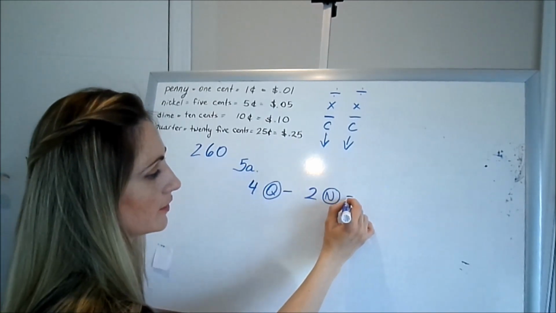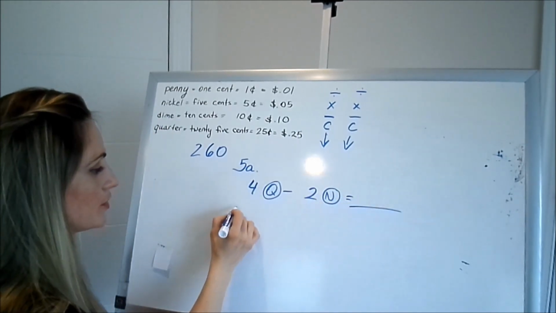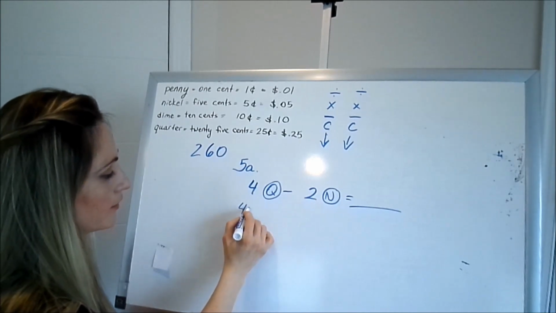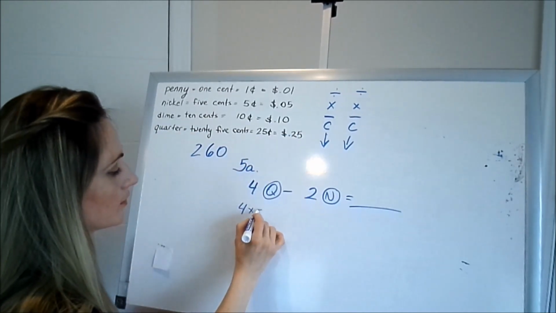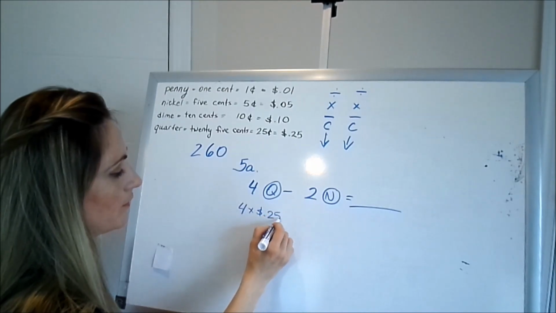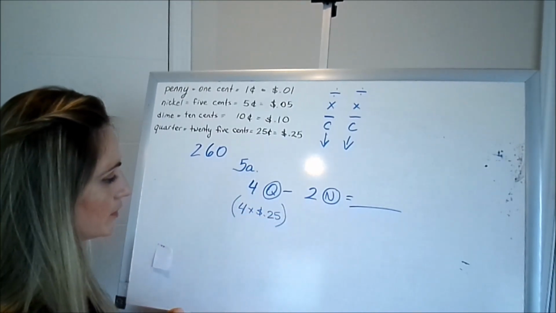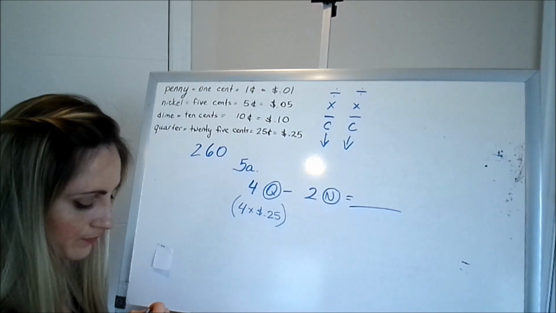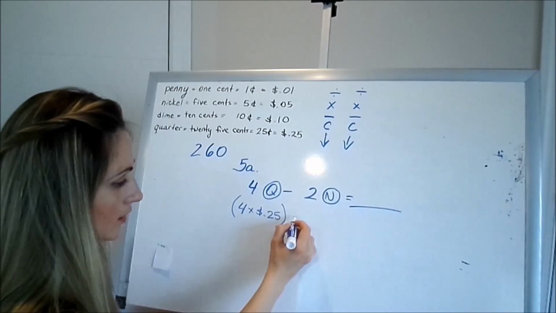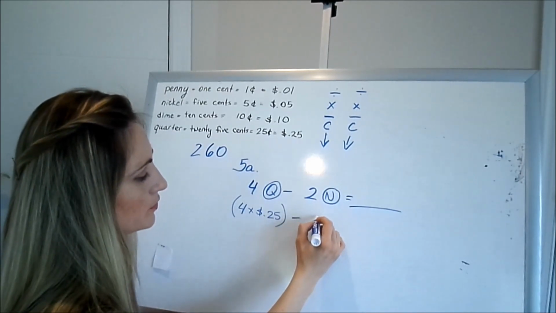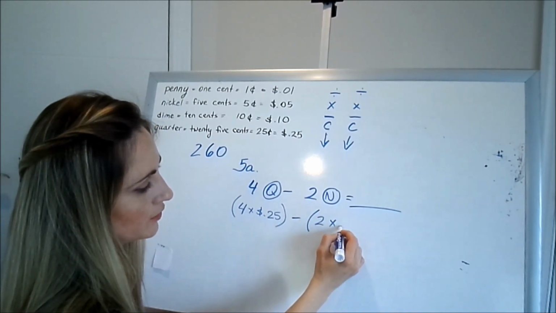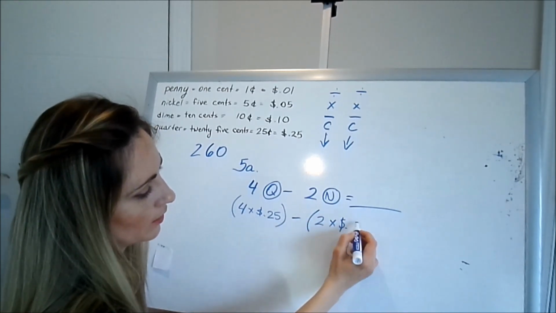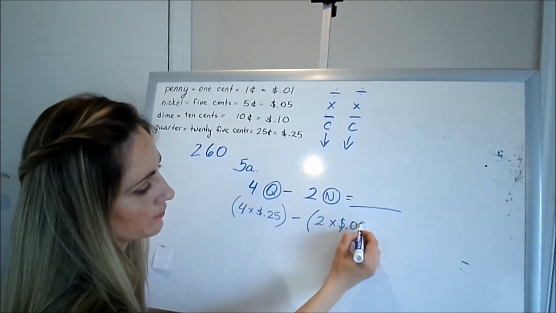How are we going to figure out 4 quarters? By multiplying 4 times the value of a quarter, 0.25, put them in parentheses, and then we're going to subtract 2 nickels. Parentheses, 2 times the value of a nickel.